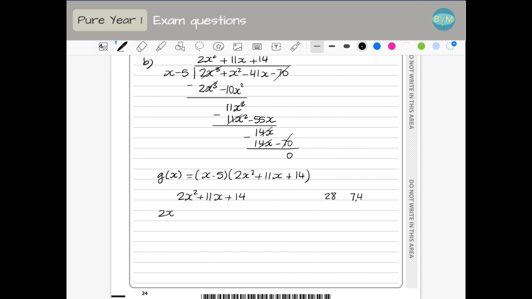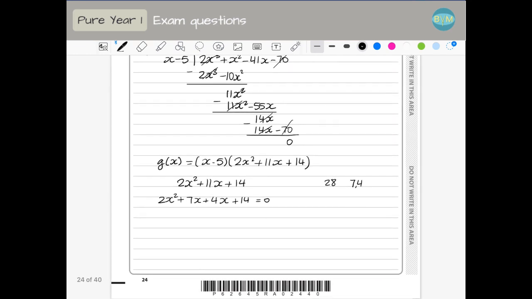So I'm going to write the 11x as 7x plus 4x plus 14. Well, not necessarily equal to 0, I'm just going to factorize. So I factorize this bit and I factorize this half. So I'm splitting the 11x in two.